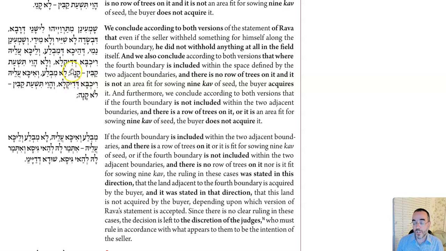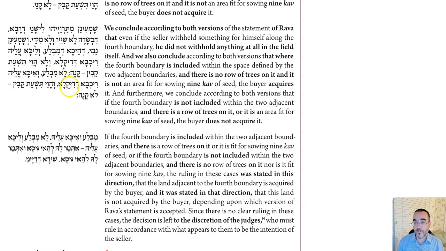And everybody would agree that if you have both of these conditions, that it's subsumed within, and there are no trees, and it's not big enough to plant 9 kav, so that's subsumed within, and there's nothing on it. So therefore, for sure, according to both versions of Rava, that would be included in the sale. The buyer would get it.